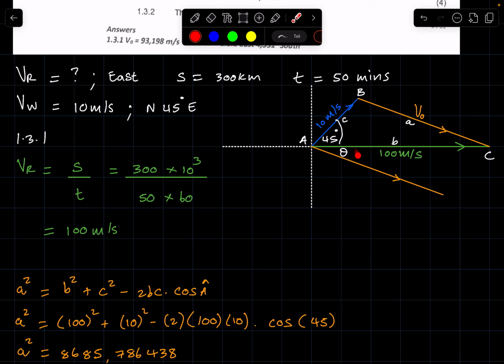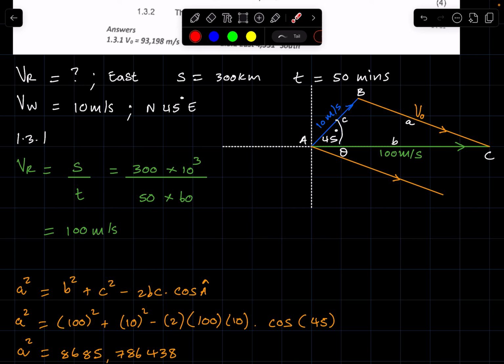So it only makes sense that in calculating the direction of VO we calculate angle C, looking at it from the perspective of the Cartesian plane, or the set of axes.